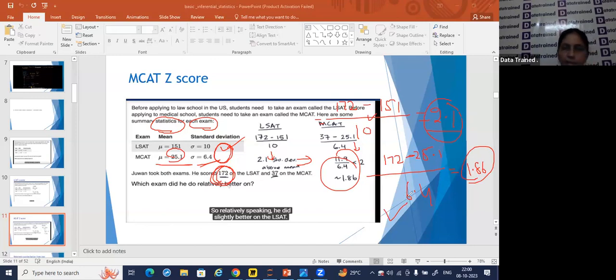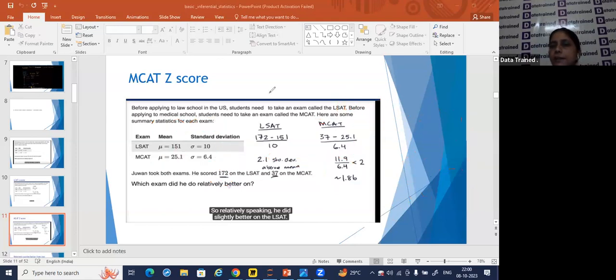So two values we are getting, 2.1 and 1.86. Now let's try to understand where he is doing better, in the MCAT or the LSAT, the medical examination or the law examination. So 2.1 is coming from the LSAT and 1.86 is the Z-score value coming from the MCAT.